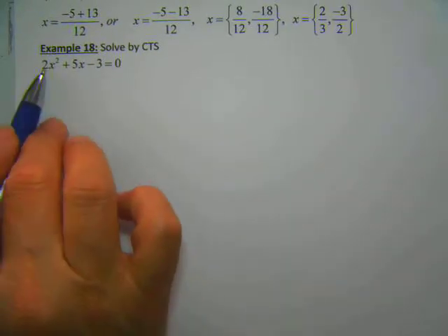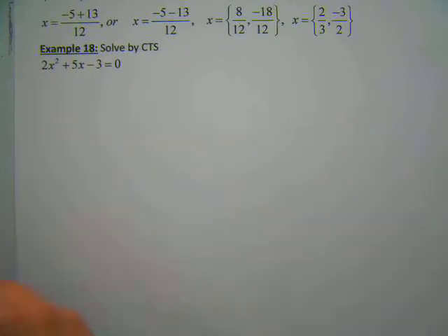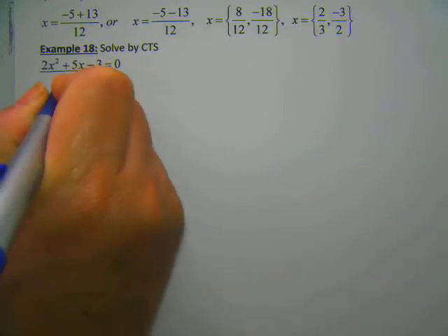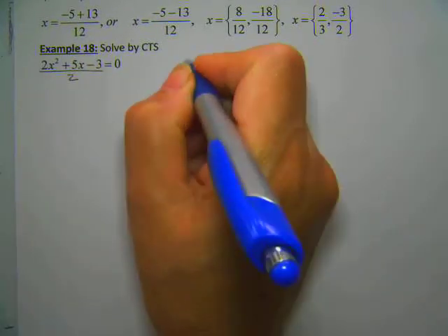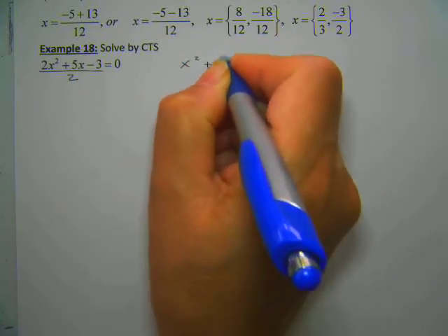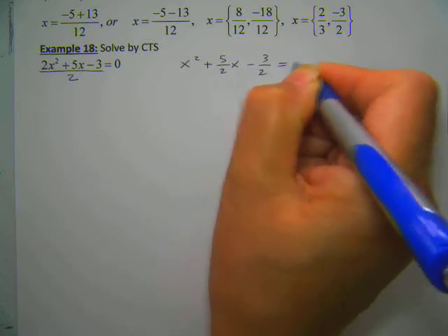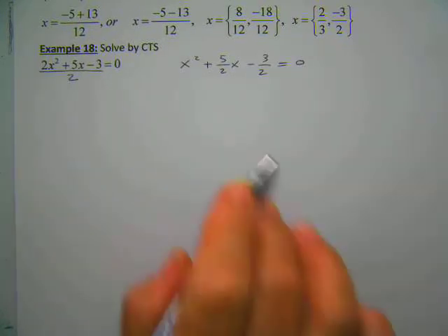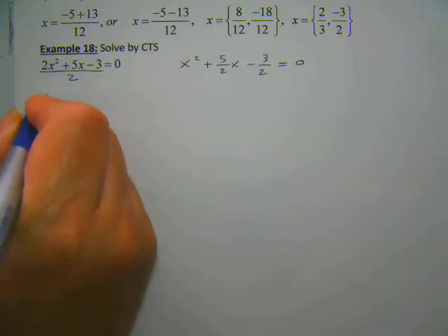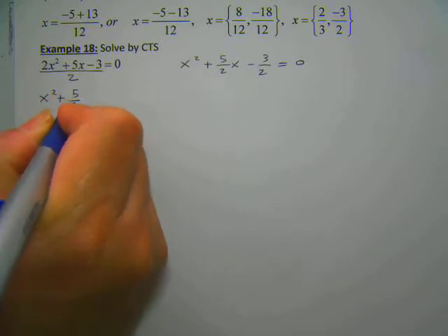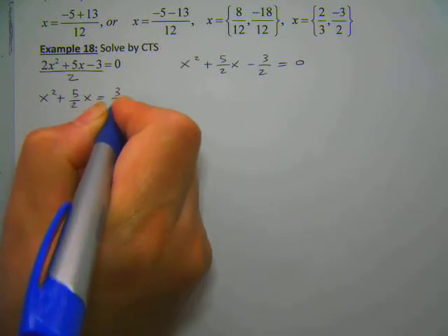First step, is the coefficient of x equal to 1? No, divide by 2. So now what do we get? We get x squared plus 5/2 x minus 3/2 equals 0. Move the constant to the right-hand side. We're gonna get 3/2.